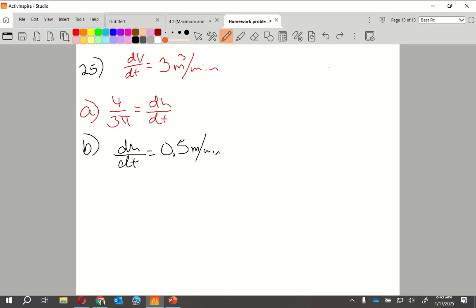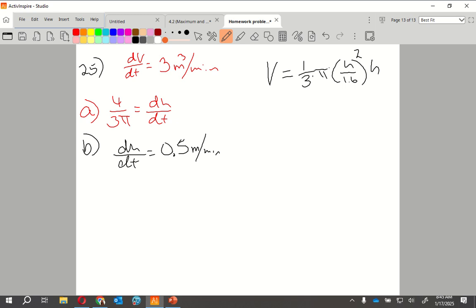What was the derivative for my V? So V equals, after I substituted for my H, 1/3 pi times H over 4 squared times H. H squared over 16 times H, right? Yeah, like that.